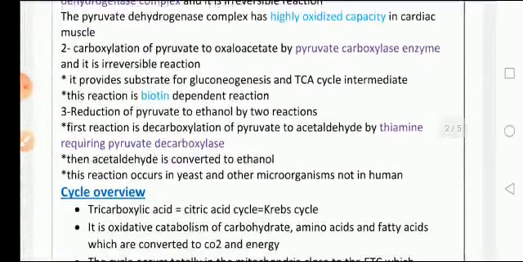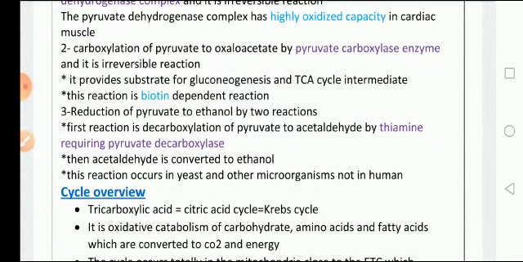Finally, pyruvate may be reduced into ethanol. As we mentioned before, reduction means acceptance of hydrogen. This reaction occurs in 2 steps. The first step is the decarboxylation of pyruvate to something known as acetaldehyde.